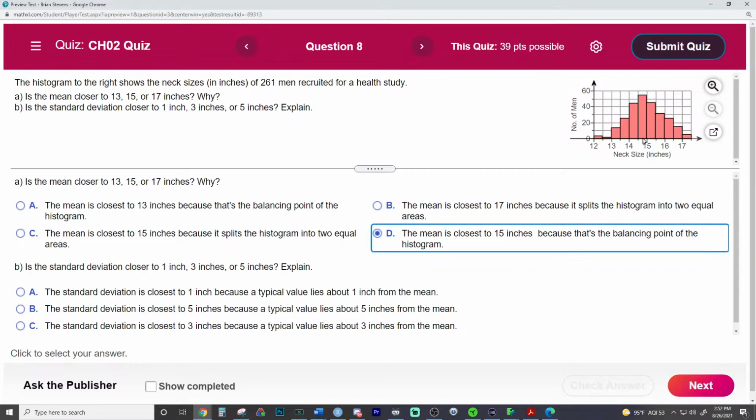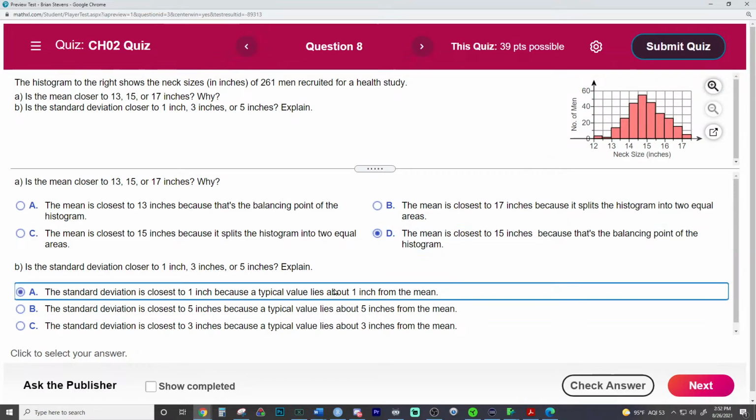So notice here we're at 15, and if the standard deviation is 1, pretty much all the data will be within how many standard deviations of the mean?